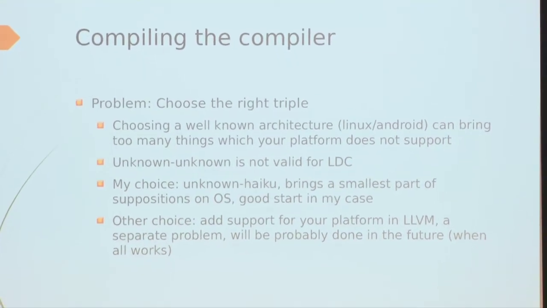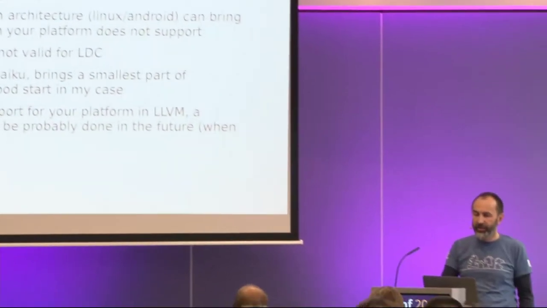So I hesitated to choose a well-known one like Linux or Android, since I didn't know how many configuration settings like defines, etc. would be brought in by this choice, and which my platform would not support. After some experimentation, I settled on unknown Haiku, which seems to bring the smallest suppositions on the target OS. The long-term solution, of course, is to add the correct triple for my platform in LLVM, and this will probably be done in the future once I better understand platform requirements and specificities of LLVM.